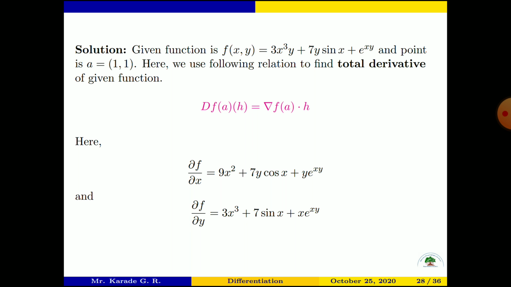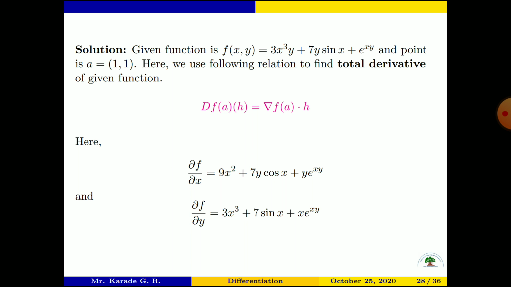Here we use following relation to find total derivative of given function. The relation is total derivative of f at point A is equal to gradient of f at point A dot product with h. Here partial derivative of f with respect to x is equal to 9x square. So we know how to find partial derivative of function f with respect to x.